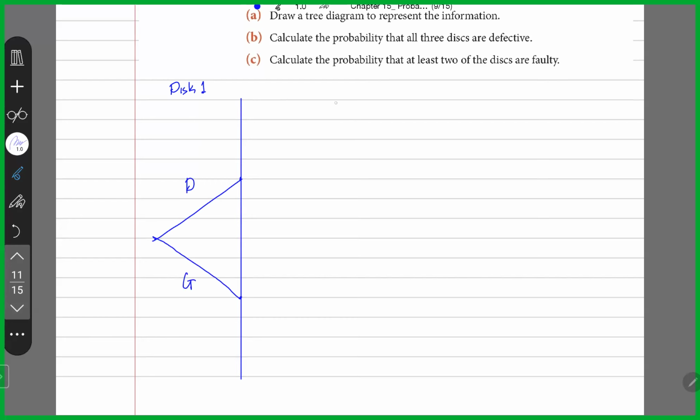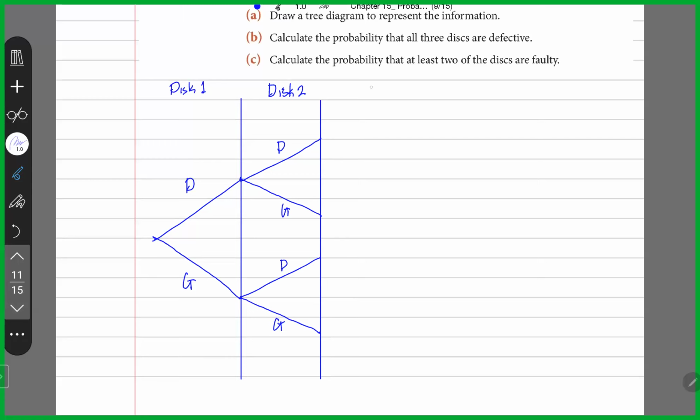Disc 2, it could be defective or it could be good.